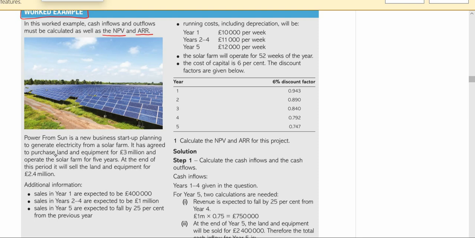It has agreed to purchase land, so this is the cost of investment, and operate the solar farm for 5 years. At the end of this period, it will sell the land and equipment for 2.4 million, and this 2.4 million is the residual.